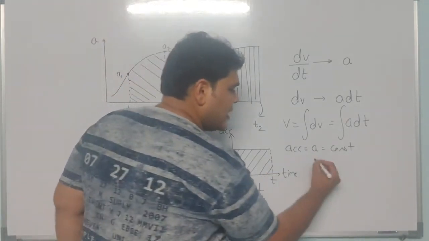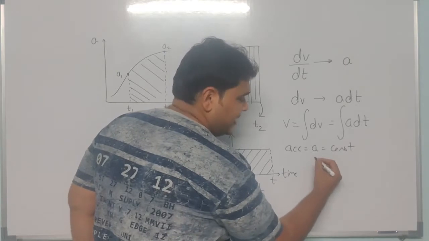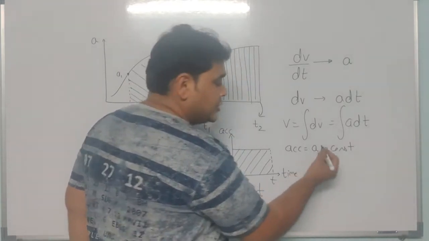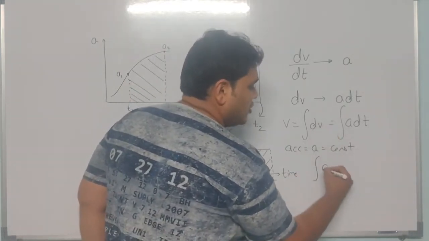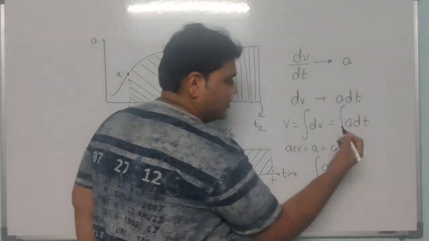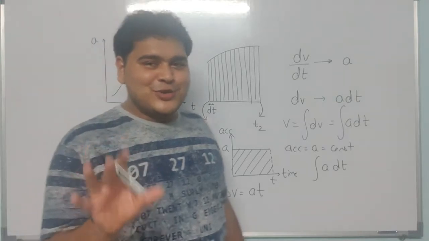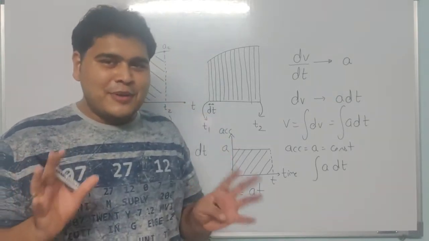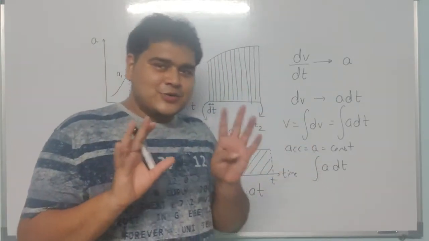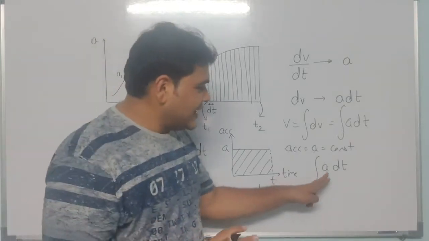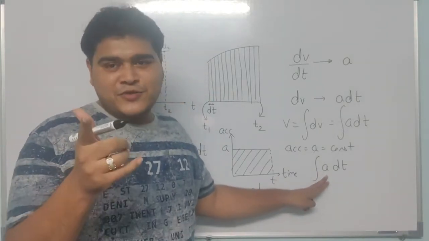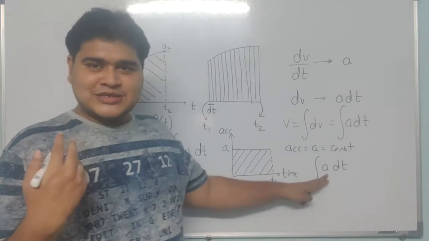Similarly, I can do the integration over here also. Have a look. I can say f of t, or acceleration, is a constant. So integration of a dt. I have not taught you the formula yet, so I'm just going to apply the formula, and you have to remember that I'm going to teach you the formula, don't worry about it. Okay? So I can take the constant outside, like if you remember in derivative also we take the constant outside.